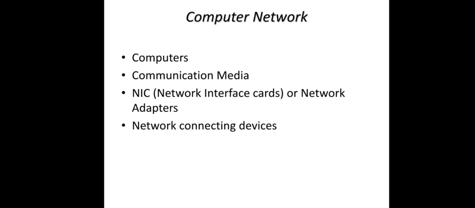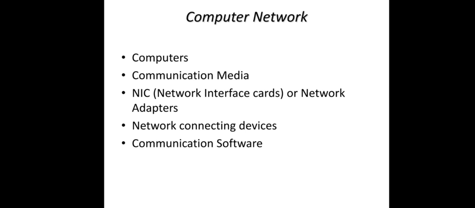Then interconnecting devices. We cannot always directly connect different computers. In between we have some connecting devices like hubs, switches, repeaters, etc. So those are called network connecting devices. And of course we have communication software. So we are trying to connect two different machines, and these machines may be entirely heterogeneous, like the OS may be different, the processor may be different, everything may be different.